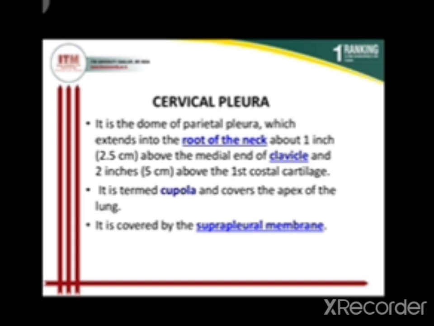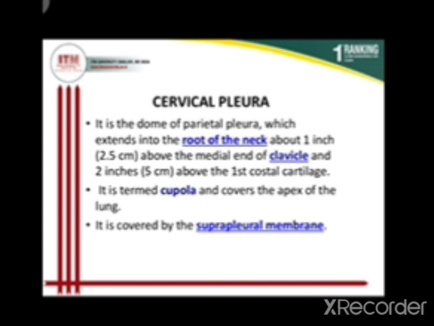So, these are the dimensions where the cervical part of the parietal pleura remains. Okay, 2 inches, around 5 centimeters, above the first costal cartilage.